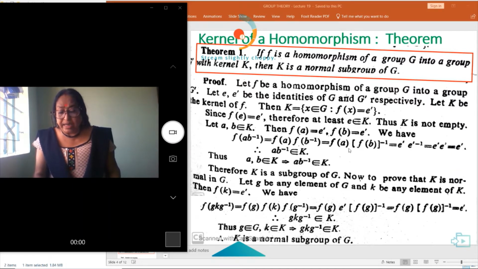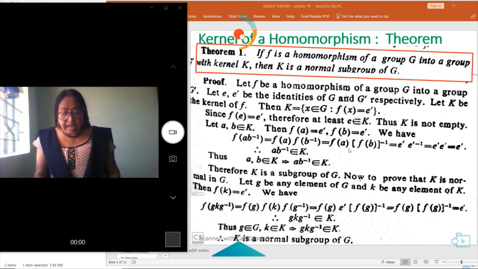Now to prove that K is a normal subgroup of G, let small g be an element of capital G and small k be an element of capital K. Then f(k) is equal to e'. So f(gkg^-1) can be written as f(g) f(k) f(g^-1).